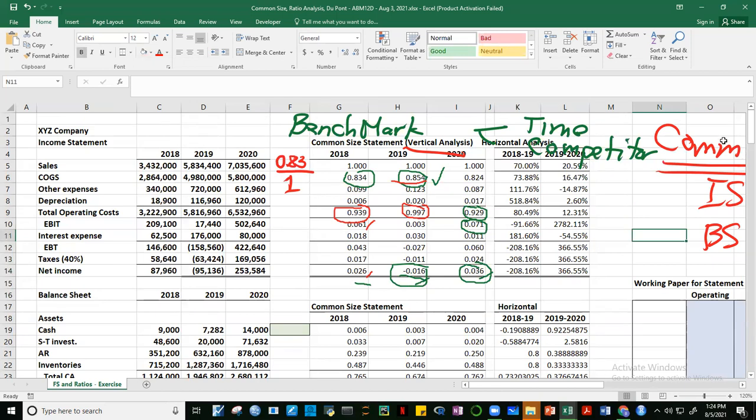Sabi natin, guys, yung common size statement, you just divide everything to sales for income statement and divide everything to total assets or total liabilities and equity sa balance sheet. So isang formula lang yan sa lahat ng years. Okay, and then here we have the horizontal analysis. So dito makukuha natin analysis year by year. And then we can compare, of course, yung progression niya.